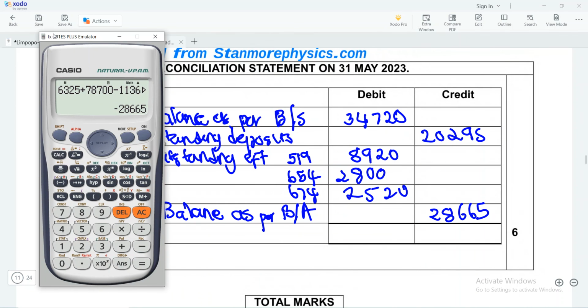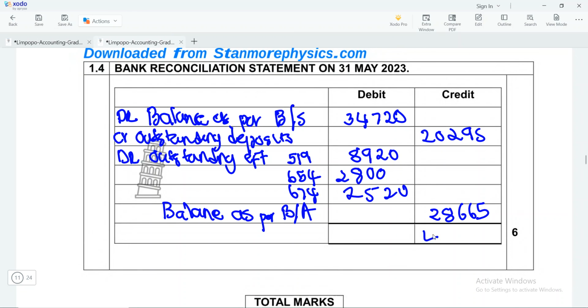So let's start with the credit side. 20,295 plus 28,665. It is giving us 48,960.